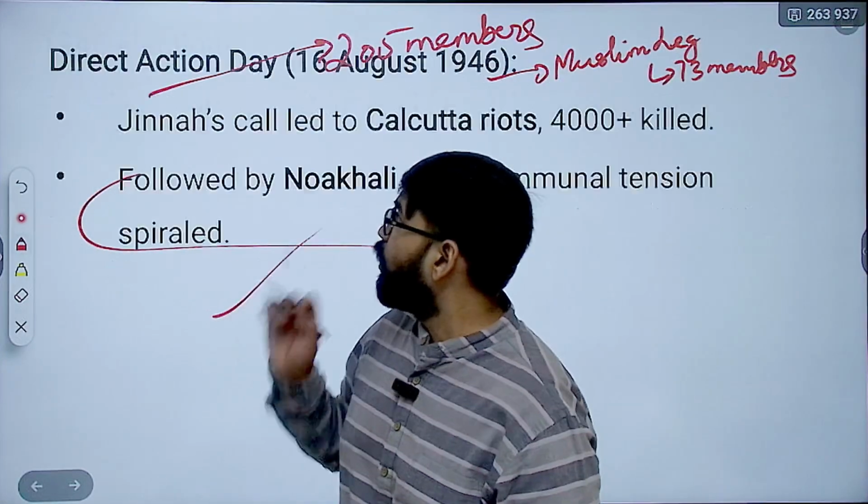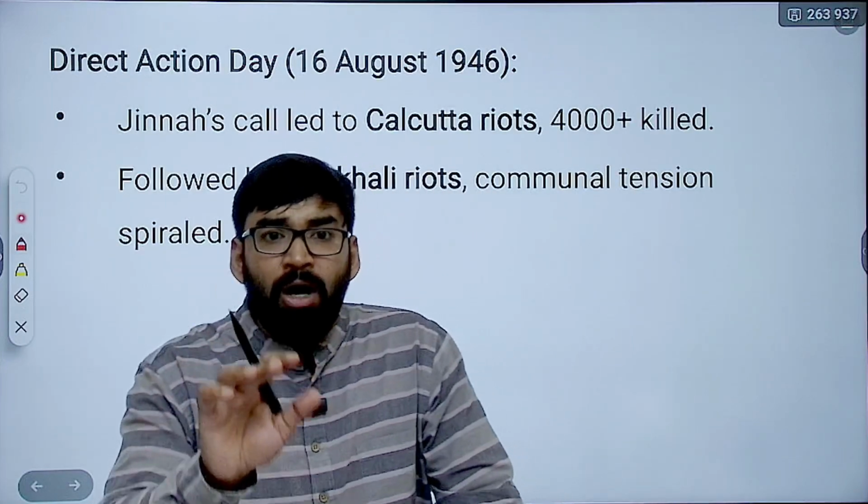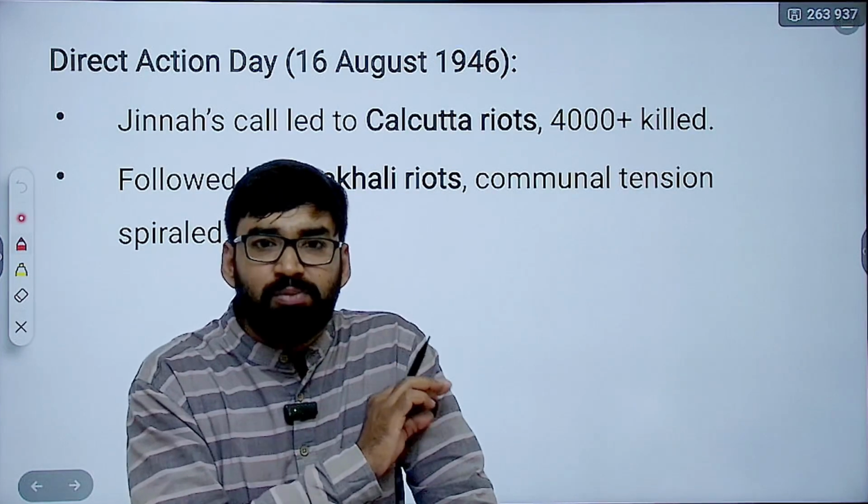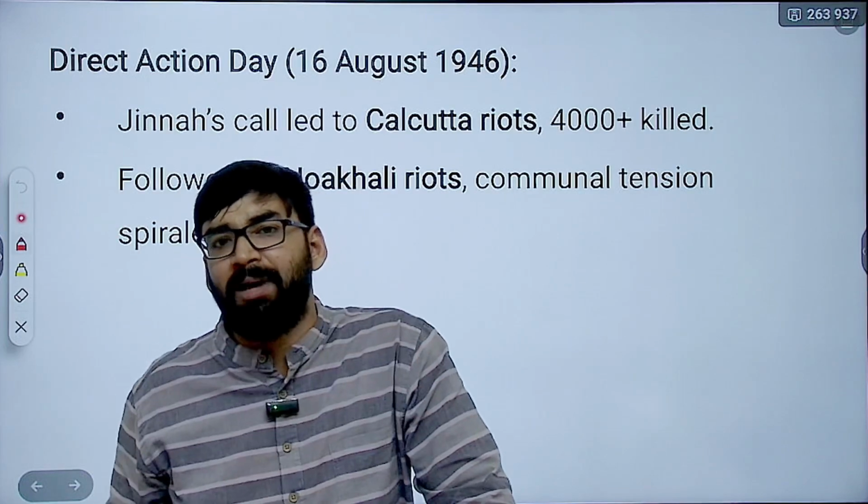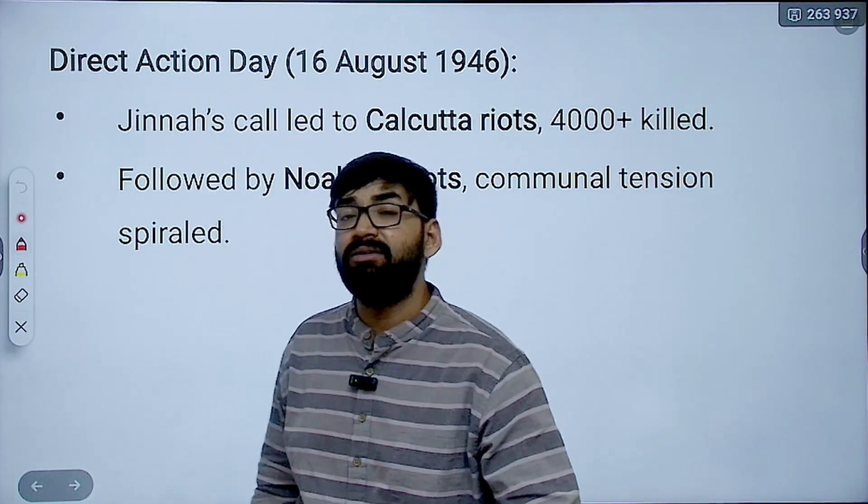Okay. Now, what is going to happen? In August 1946, the Muslim League rejected the Cabinet Mission Plan as well as boycotted the Constituent Assembly.